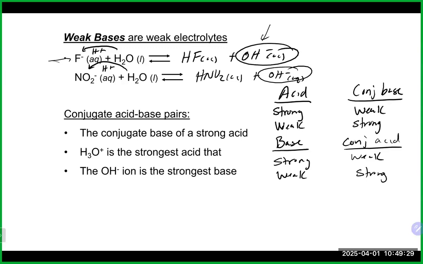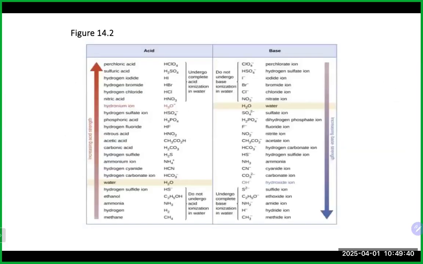So H3O plus is the strongest acid you could have, and OH minus is the strongest base you could have. Any questions on that there? So it's sort of an opposite relationship, and it's really important as we go through this chapter and do some calculations that you understand that a lot of times where something comes from gives you an idea of what it is going to do. Is it going to react or not react?